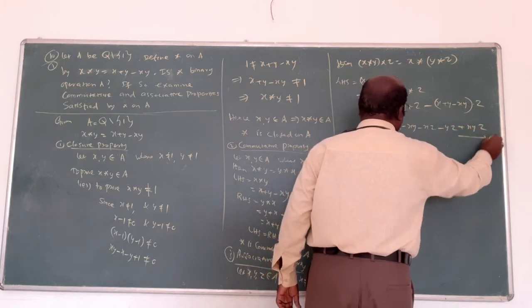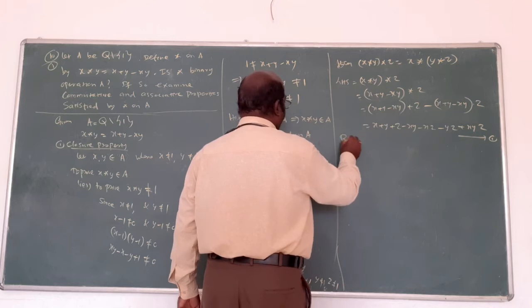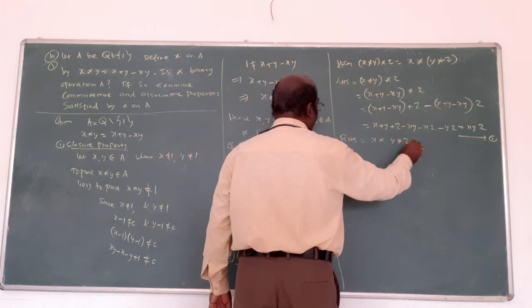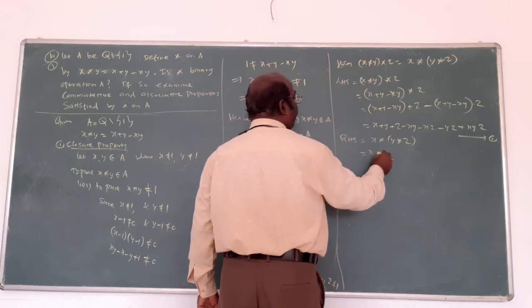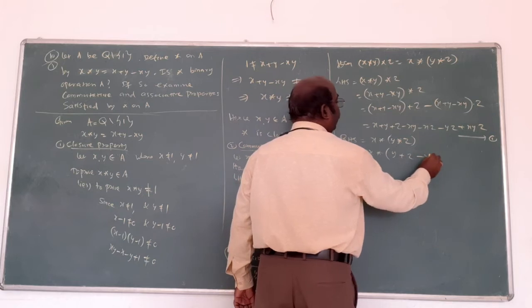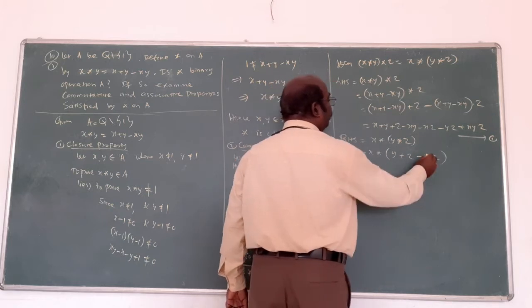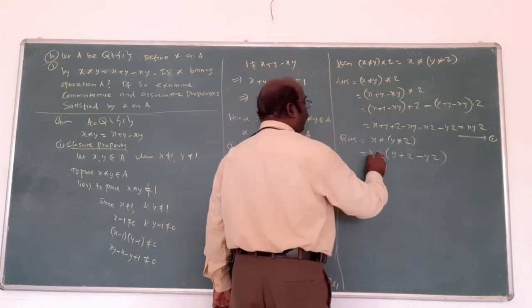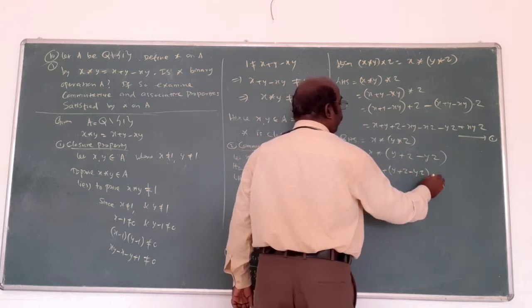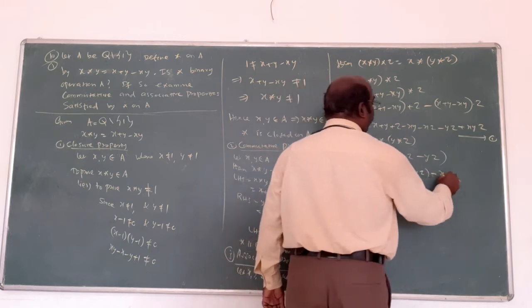This is one. So we start with RHS. x star y star z. x star y is what number? Adding both minus multiply both. Okay. Now again adding both minus multiply.